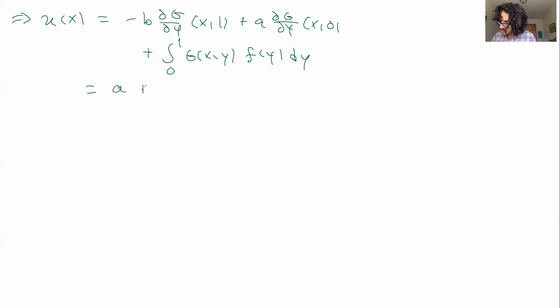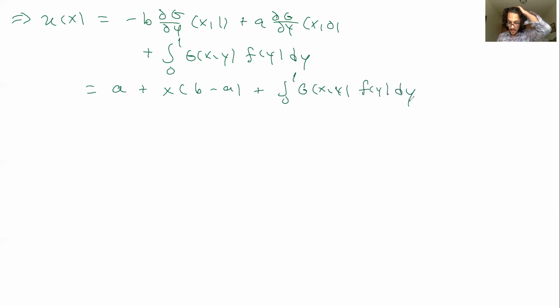a plus x times (b minus a), plus the integral from 0 to 1 of g of x,y f of y dy. Good.